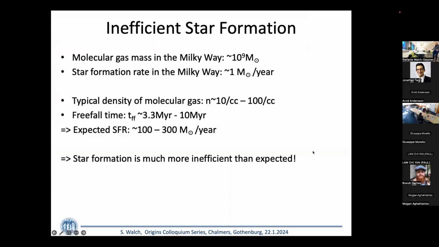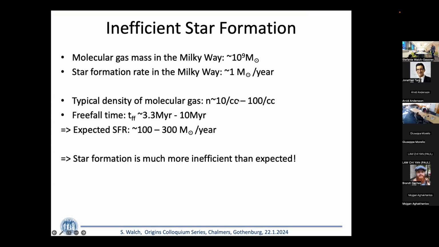So, I mean, probably you all know that star formation is very inefficient. If we do a very simple calculation, where we measure how much molecular gas mass is available in the Milky Way, it's about 10 to the 9 solar masses. And the star formation rate in the Milky Way is around 1 solar mass per year. I mean, it might be 3 or so, but of that order.